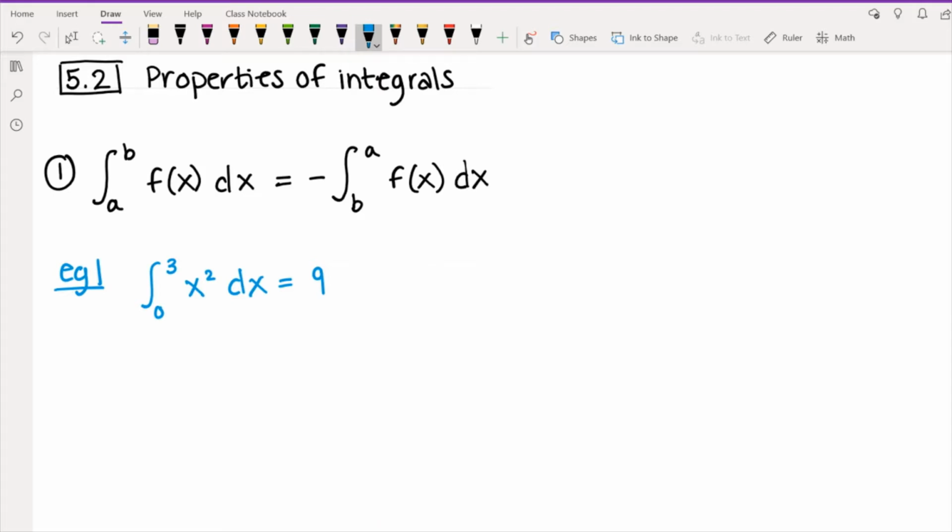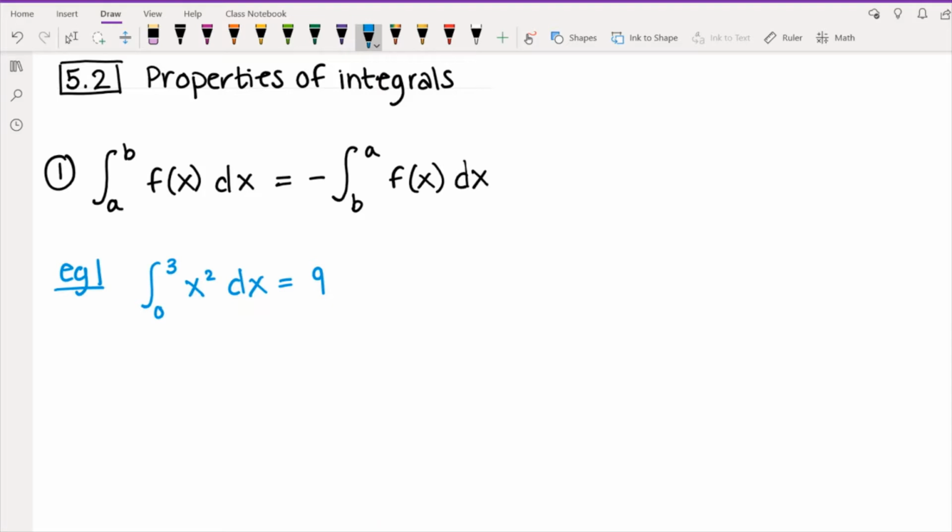And so we guessed that the value is 9, and it turns out that is actually the correct value. So notice that when I write this integral down, it's saying the integral from 0 to 3. So the number on the bottom is the smaller number, because we're talking about an area that's between 0 and 3.